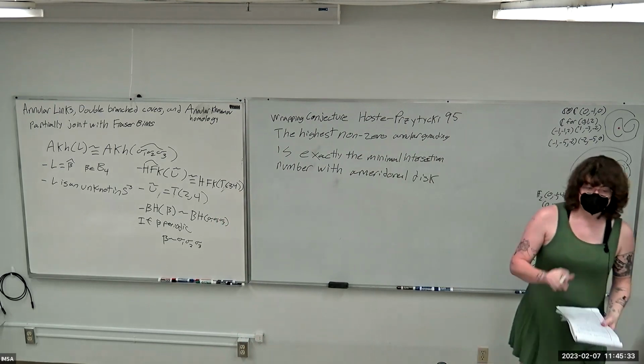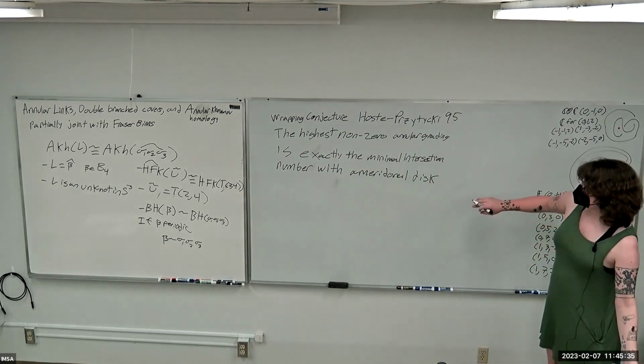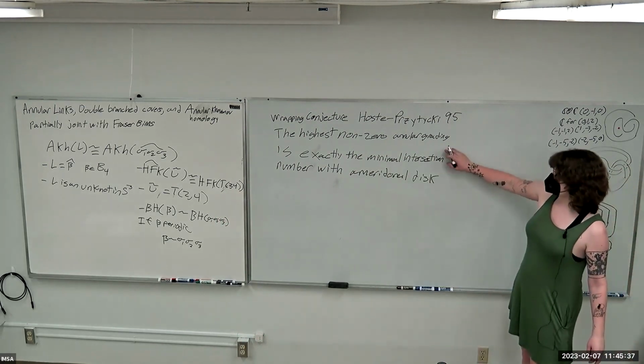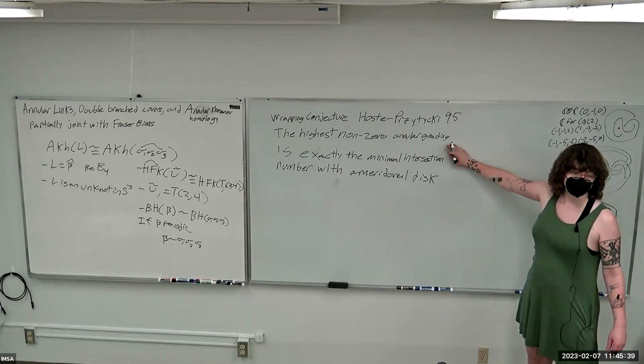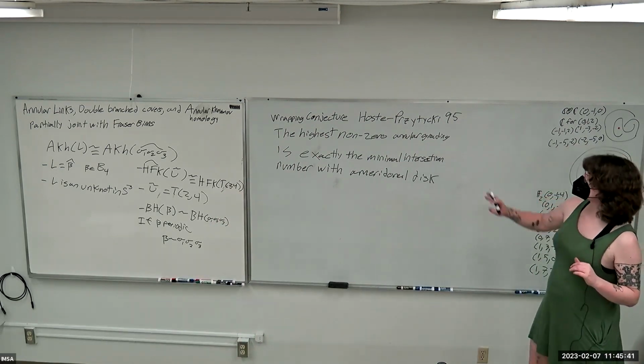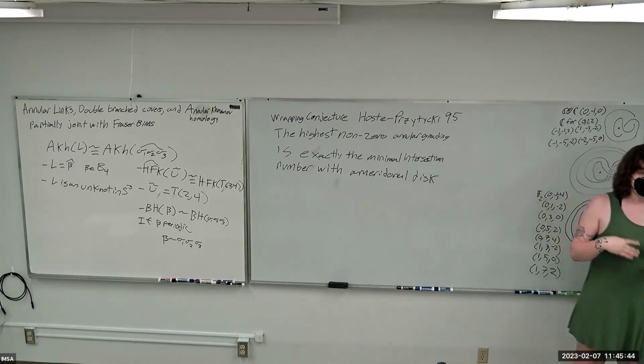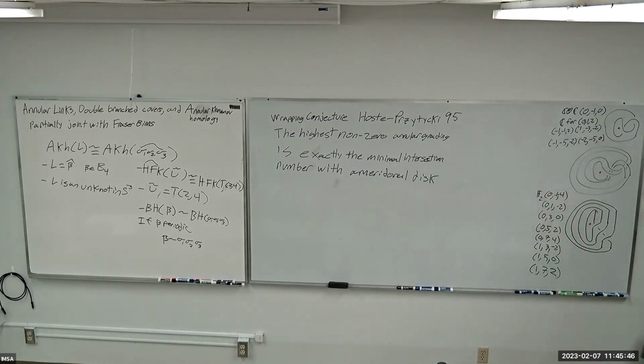And I guess like from Dave's question earlier, we maybe heard that this intersection number with the disk gives an upper bound on the highest non-zero annular grading, and that's very easy to check. So this conjecture is really asking if that upper bound is always exact.